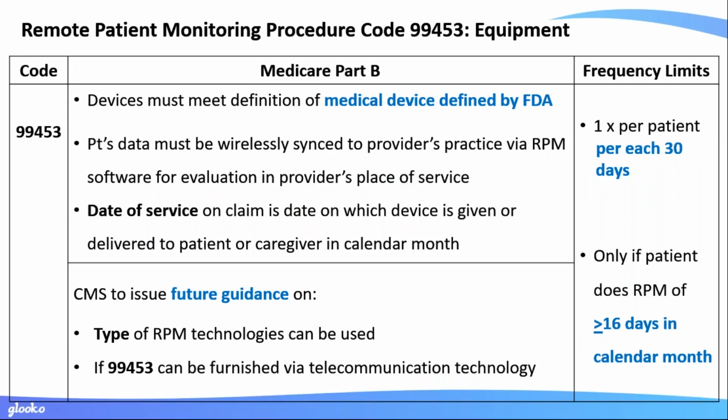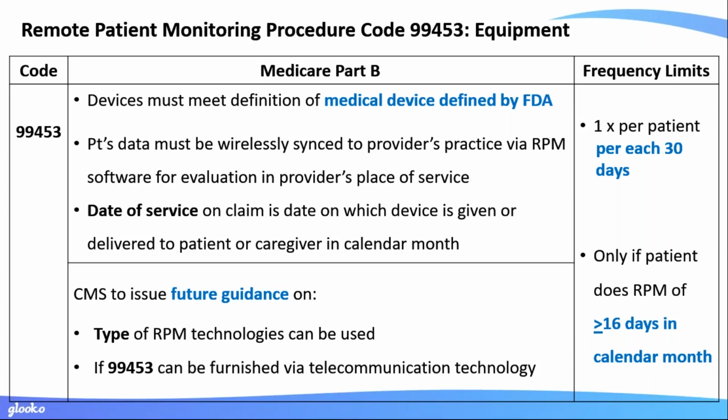So again, the device itself has to be defined as a medical device, defined by the FDA. These words all mean something. Each word means something: a medical device defined by the FDA, okay? And we talked about that wireless transmission. Now, what is the date of service on the claim to bill this device supply code?